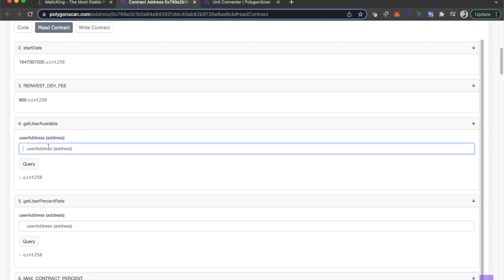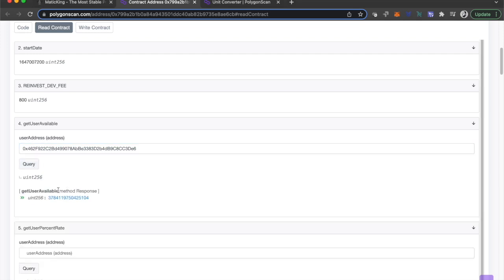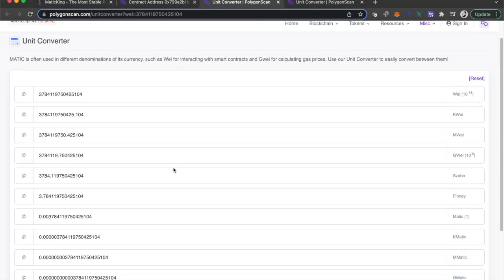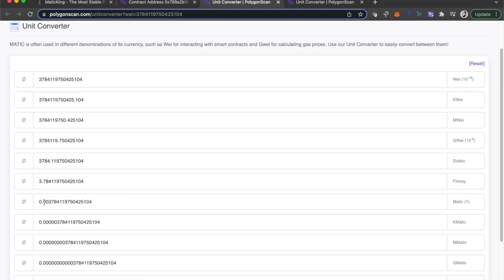Get user available. Let's see if that's what's available to us. Downloadable. Matic 0.003. Yeah, I'm not sure what's going to happen, but this looks like it's coming straight from the contract.